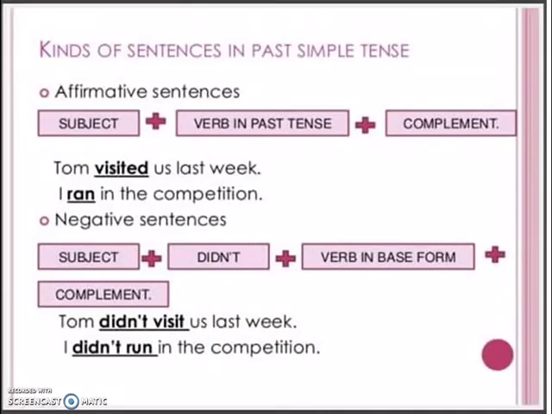Please keep in mind, whenever you use did not, never say Tom did not visited us last week. Didn't is the short form, the contraction of did plus not. Again, whenever we use the helping verb did, the verb should be in the base form.